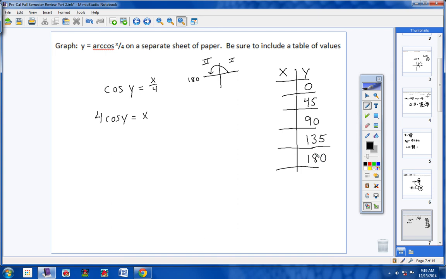And 180. Okay, so with my calculator really quick here, I'm going to take the cosine of Y. The cosine of 0 times 4. Okay, make sure you're in degrees. The cosine of 0 is 1, and 1 times 4 is 4. Now take the cosine of 45.